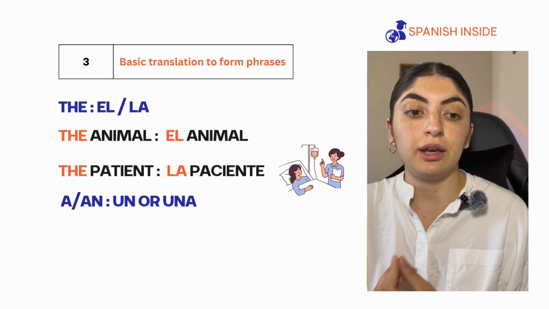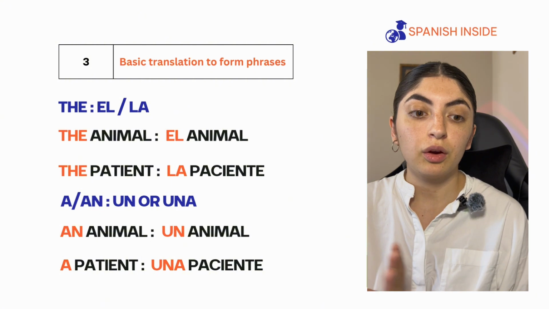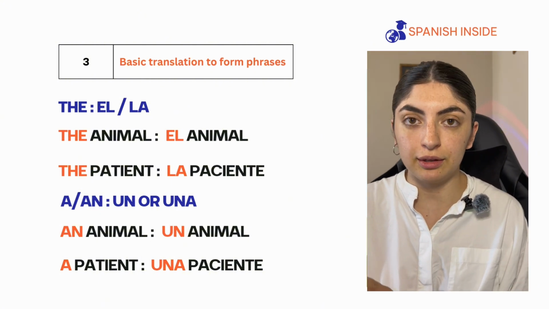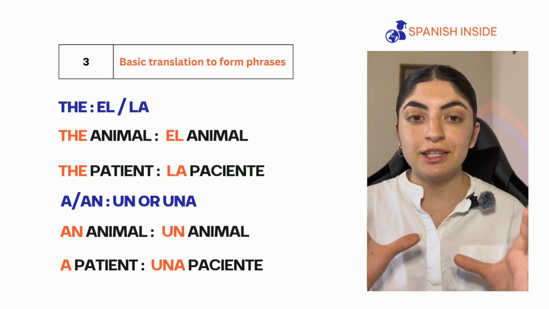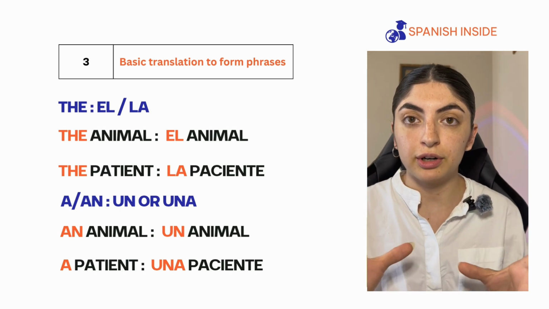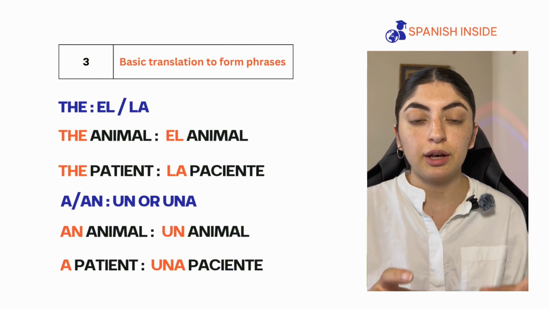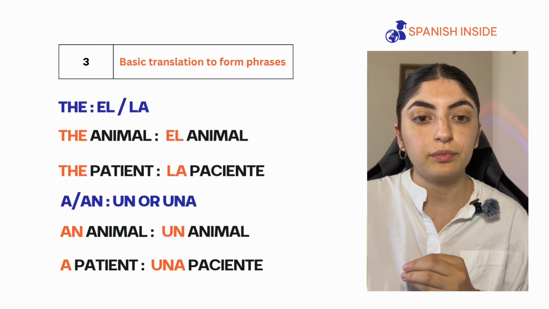The way you would say an animal: un animal, or a patient: una paciente. So this is a basic translation to form phrases that you must have into account to follow this video. So let's move on.